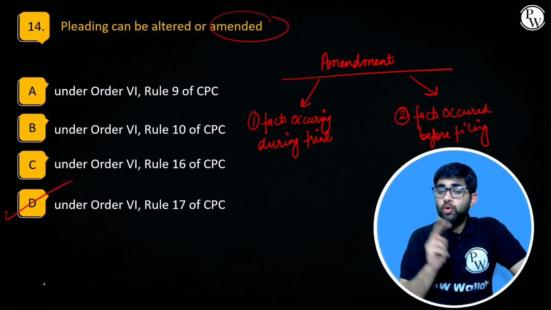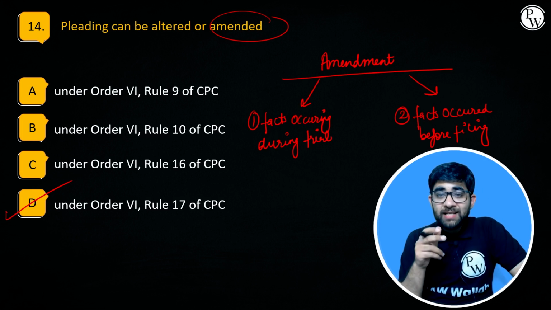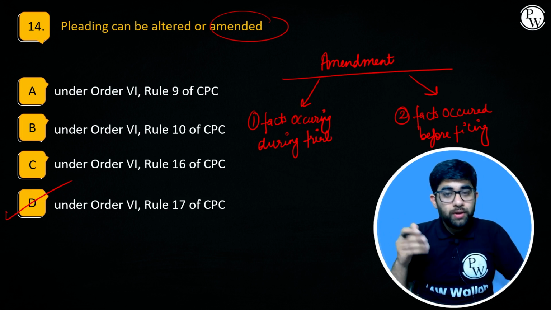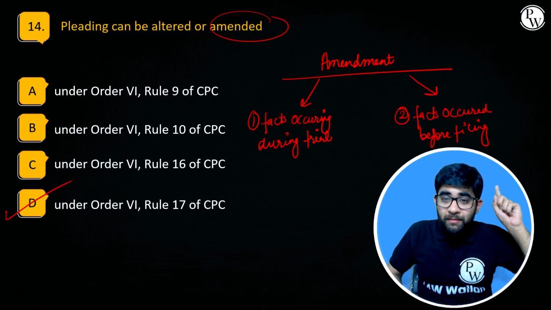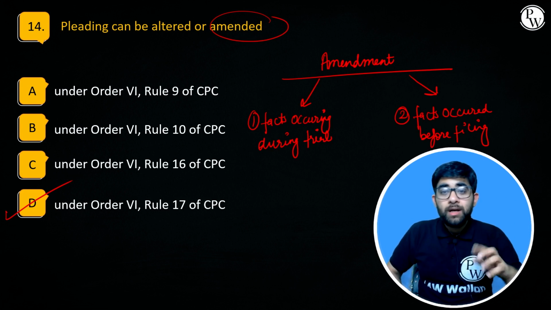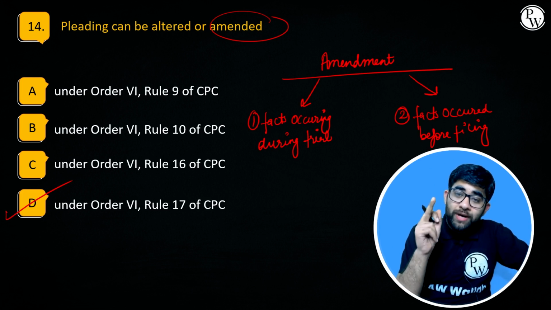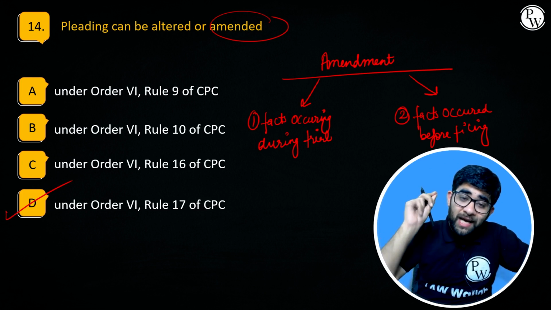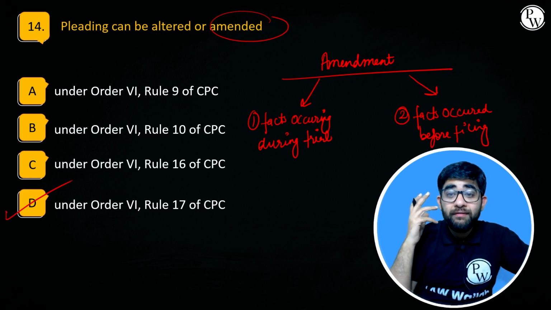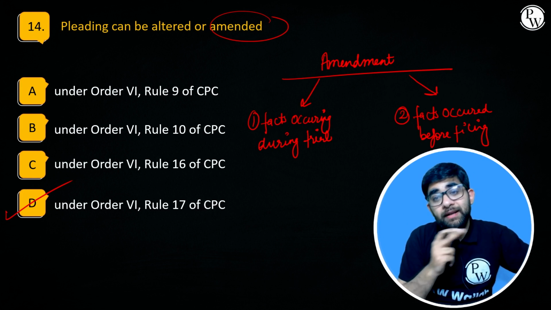There are two kinds of things. For example, a fact that has occurred during the trial definitely couldn't be incorporated in the plaint at the time of filing of the complaint. But for those facts which could have been incorporated before filing of the complaint or plaint, it has to be specifically mentioned why it was not pleaded then and there.